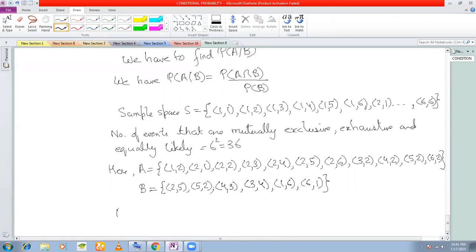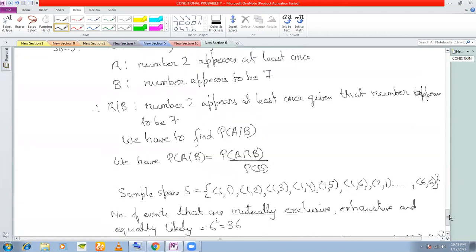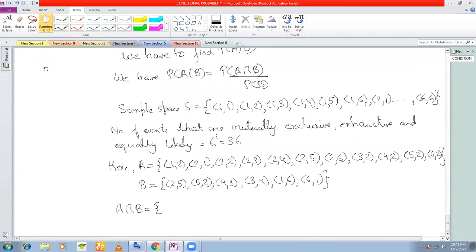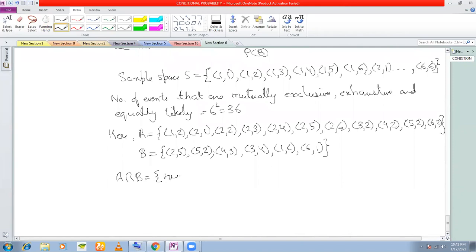Now we shall see what is A intersection B. A intersection B is the event that number 2 appears at least once and the number appears to be 7. So from the sample space, what conditions are satisfied?